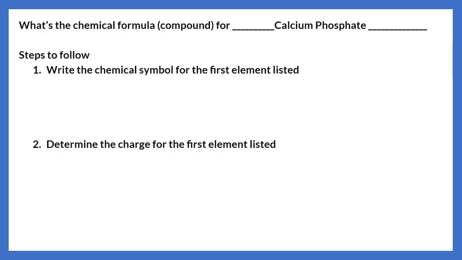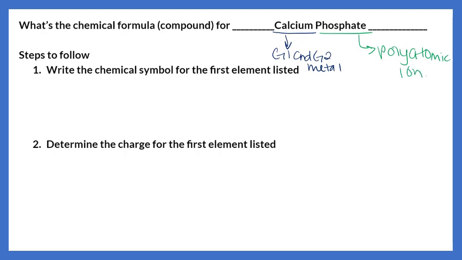Calcium, again, is the group 1 and 2 metal. Phosphate is the polyatomic ion, known as the nonmetal.